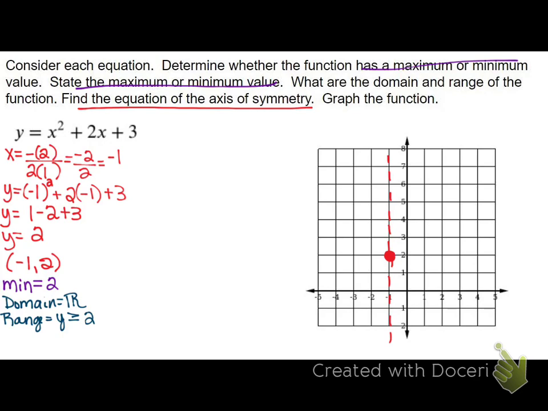What can I look at to get another ordered pair to plot? You can use the 3, which is the y-intercept. Okay, so we're going to use this 3, referencing back to my 9.3 notes. My standard form is going to give me the y-intercept. So what's my y-intercept? Ben said it's going to be 0, 3.